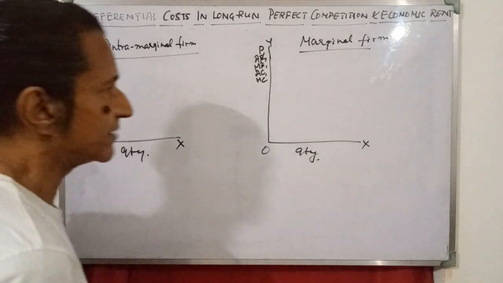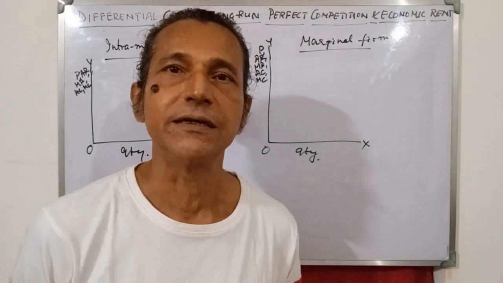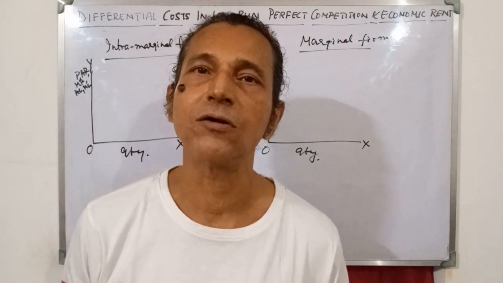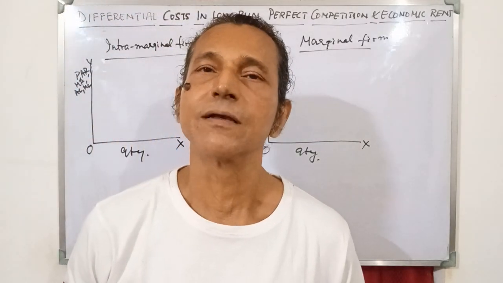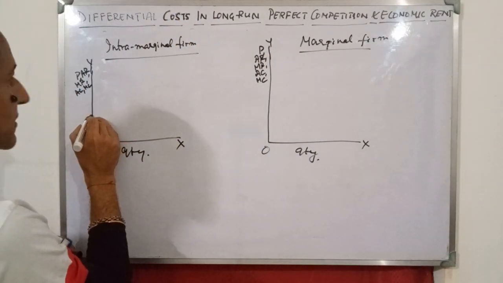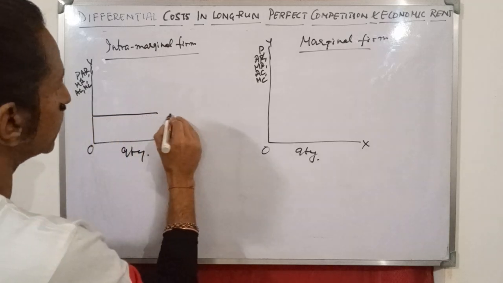Price is determined in the industry by the interaction of demand and supply, and individual firms are merely price takers. They cannot influence the price by selling more. So price is fixed in the industry and all the firms are merely price acceptors or price takers.